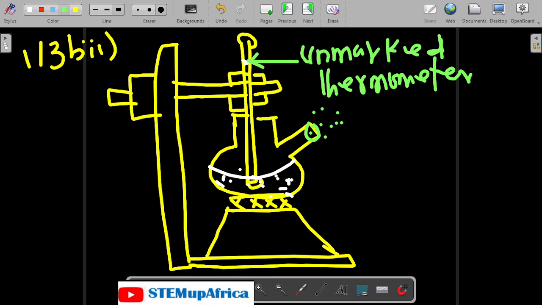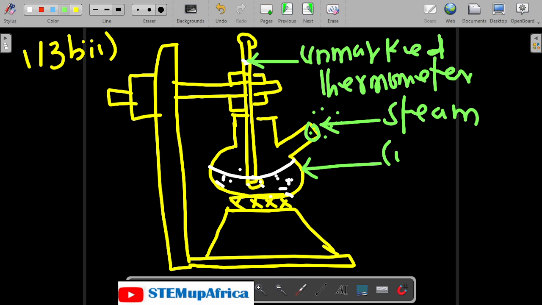Here is my steam. Then this one is the copper boiler. Here is my wire gauze.